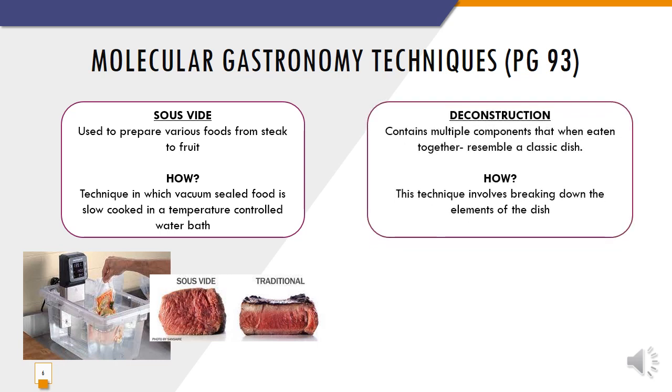Next up is deconstruction. This contains multiple components that, when eaten together, resemble a classic dish. If you think of a lemon pie, it is generally made out of a base, a filling, which is lemon, and a topping of meringue. A deconstructed dessert would possibly take the base and make a crumble instead, so you have the crunchy element.